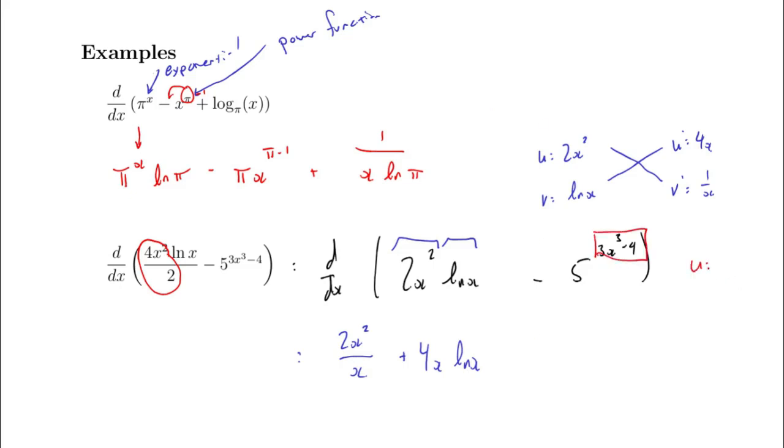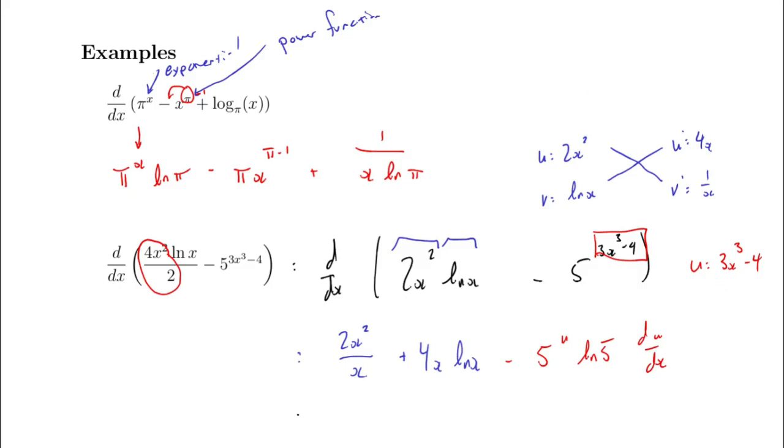And now I'm going to have some chain rule. I'll say u is equal to 3x to the third minus 4. So I have to look at the derivative of this exponential 5 to the u with regard to u. So that's going to be minus 5 to the u natural log 5. That's the derivative of that exponential times du over dx. du over dx we can see is going to be 9x squared.